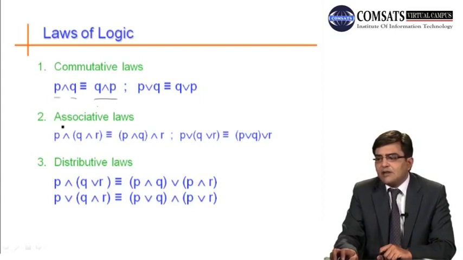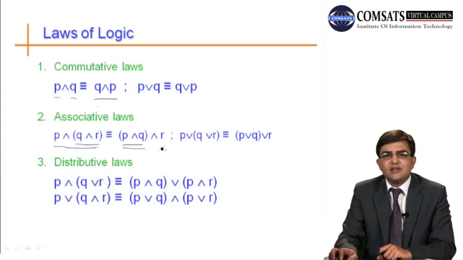The next law is the associative law. This law states that if we have P and (Q and R), with the brackets as you can see here, this compound proposition is logically equivalent to (P and Q) and R. Here we can see that the associative law states that we can interchange the brackets. This is called the associative law for conjunction.